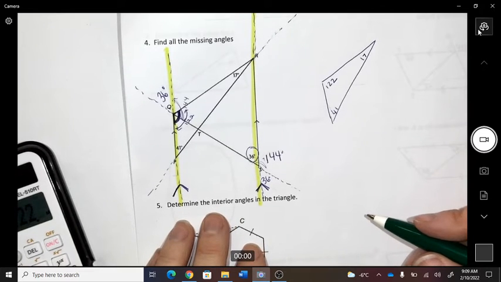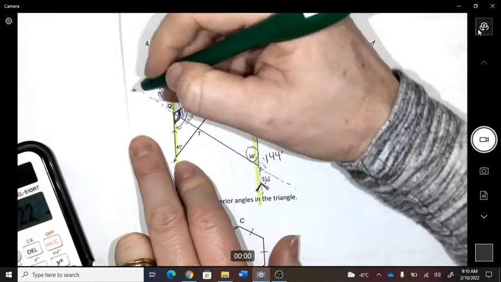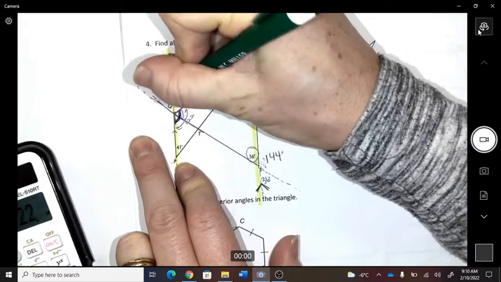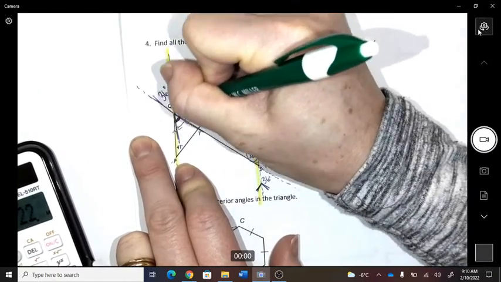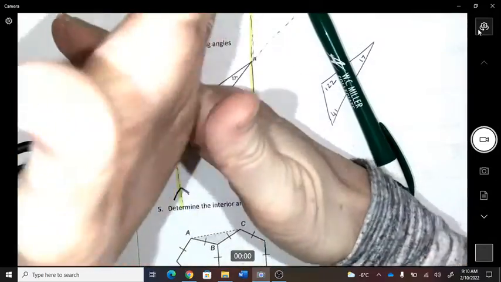What else do you see? Do you see any other things? What about, was there a crisscross here? Did that make an opposite angle? Do you see how there's an X here?